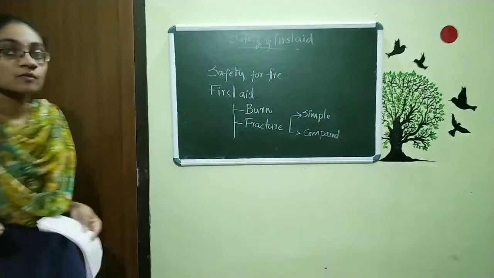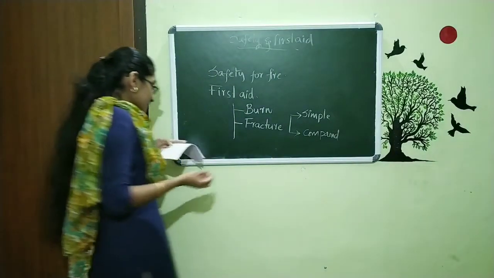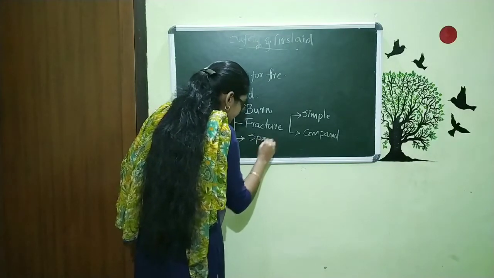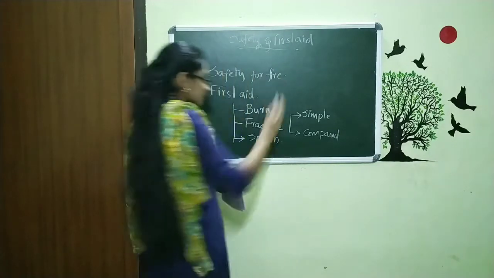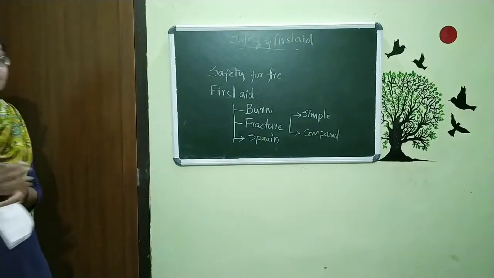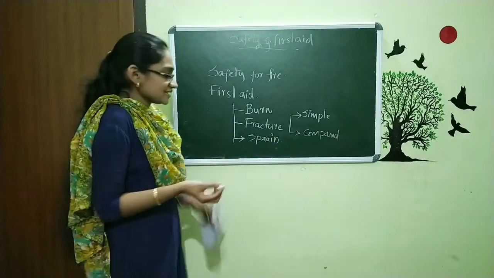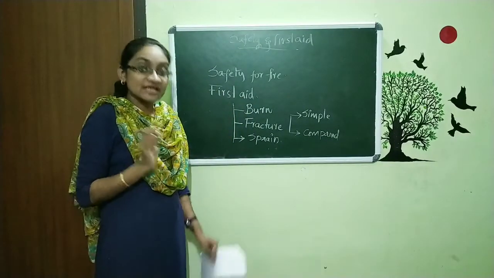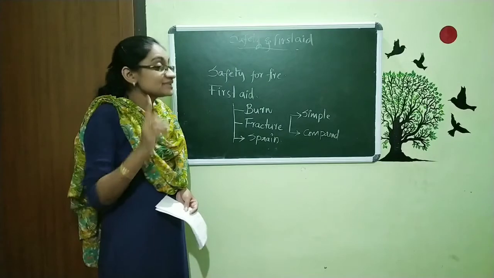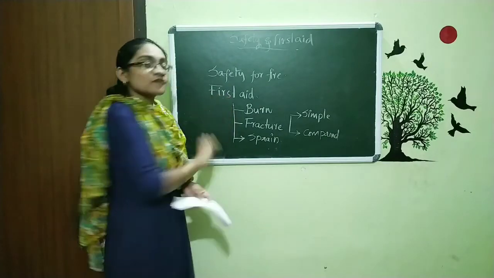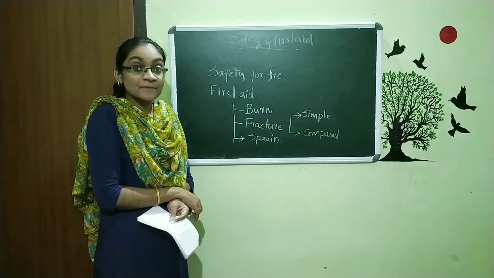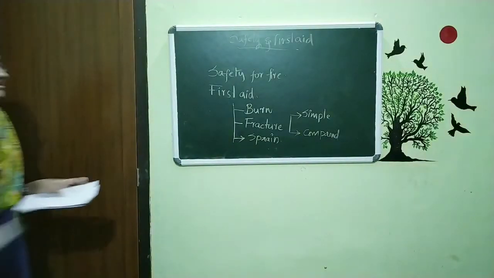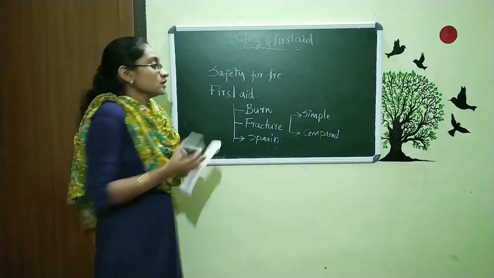And after that we discussed sprain, the twist that occurs within the bones or joints. All these things we discussed in our last class, and there is one thing left in this topic of first aid: animal bites. Today we are going to discuss that, and this is a very small topic.